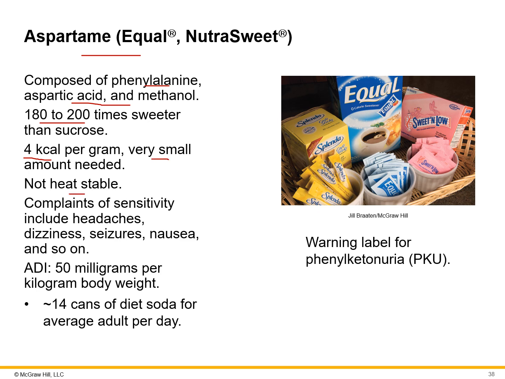It is not heat stable, so heating it up does denature it. There are complaints of sensitivity to headaches, dizziness, and seizures. So based on some of those side effects, the acceptable intake for this is about 50 milligrams per kilogram of body weight. So it's about 15 cans of diet soda per day. That's a pretty significant amount.